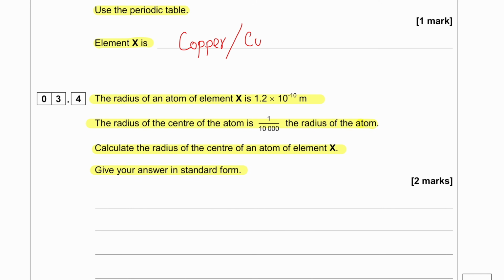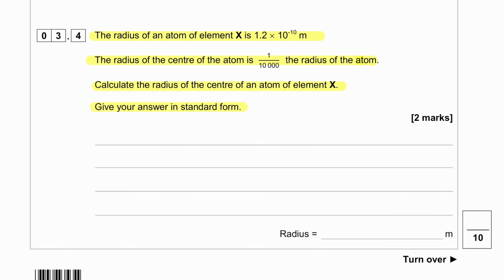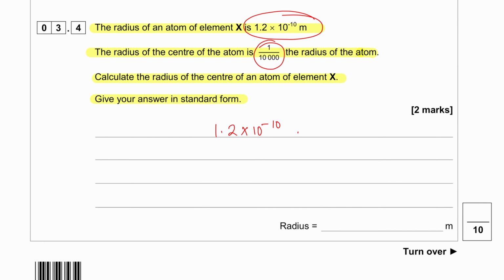All right, so in order to do this particular calculation, we need to find out the radius of the atom of element X. We have that information here, which is 1.2 times 10 to the power of minus 10, given in meters. Now for the radius of the centre of the atom, we just divide by 10,000, or we can multiply by 1 over 10,000.